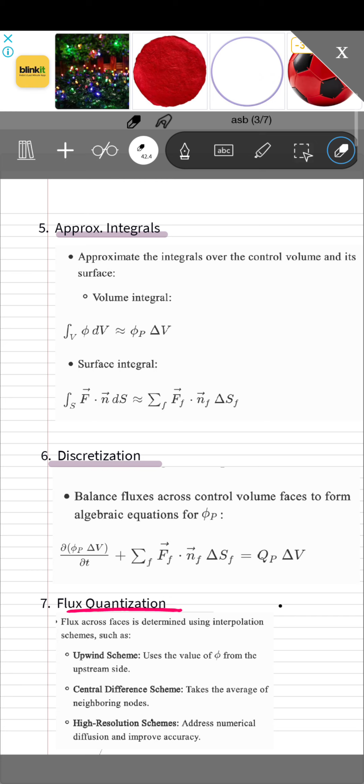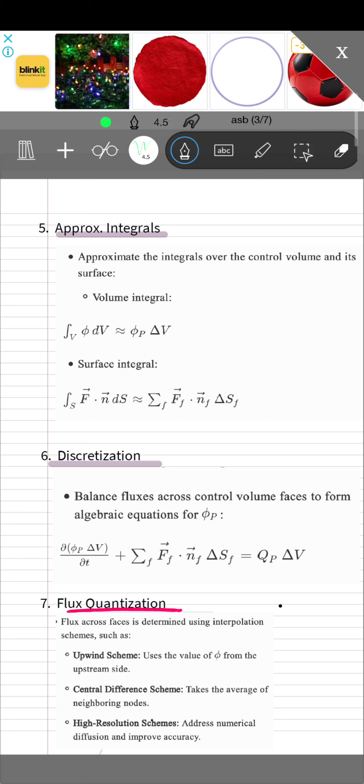So the usage of flux quantization is actually dependent upon different types of schemes based upon the nature of the flow. Like we have an upwind scheme.